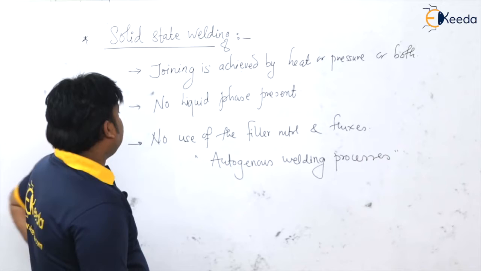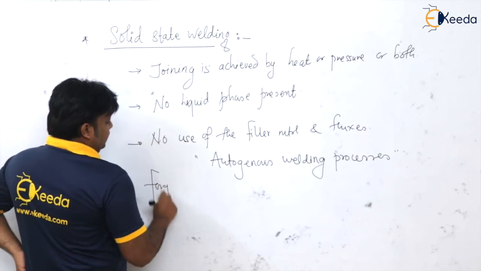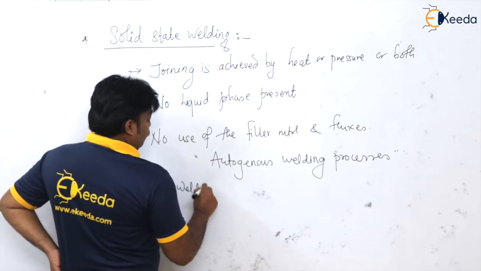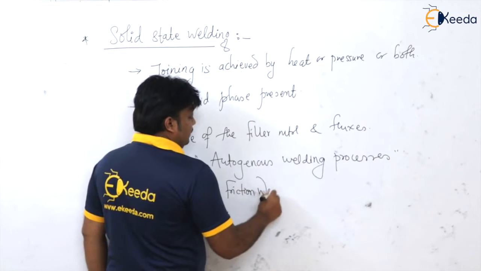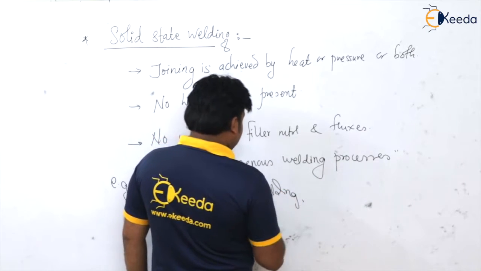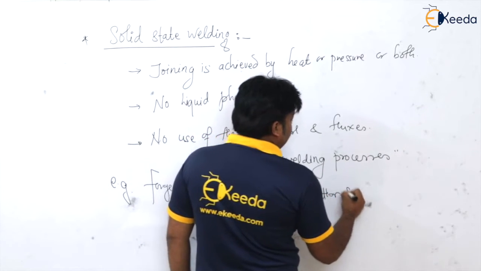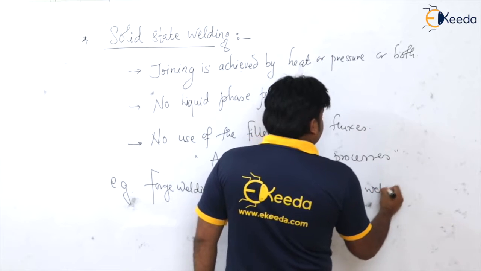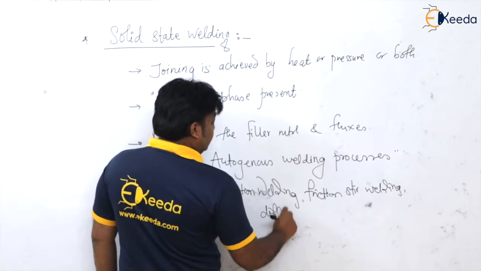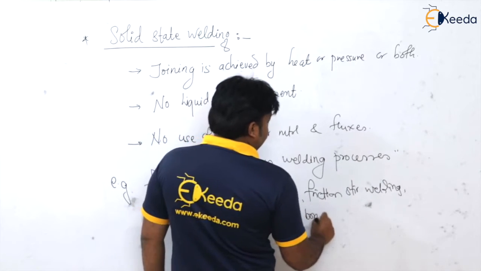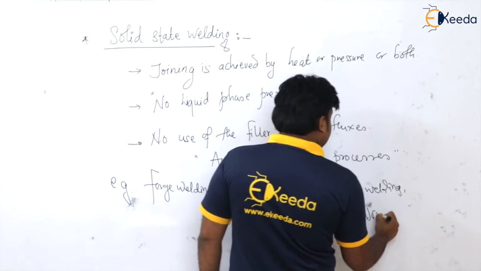So which are the examples of solid state welding processes? The examples are forge welding, friction welding, then the next development of friction welding, that is friction stir welding, then diffusion bonding or welding, and ultrasonic welding.